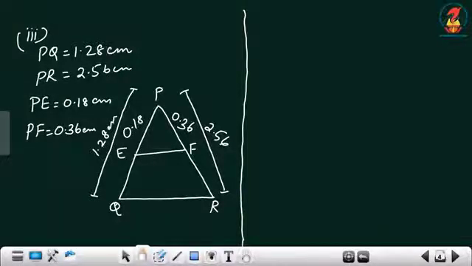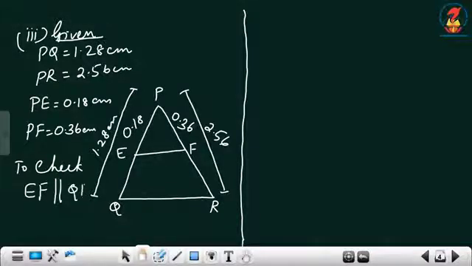Second question, third subdivision. It is given that PQ, the total length, is 1.28, PE is 0.18, total PR is 2.56 and PF is 0.36. What you have to check is whether EF is parallel to QR or not. So these are the given things. We have to check whether EF is parallel to QR.